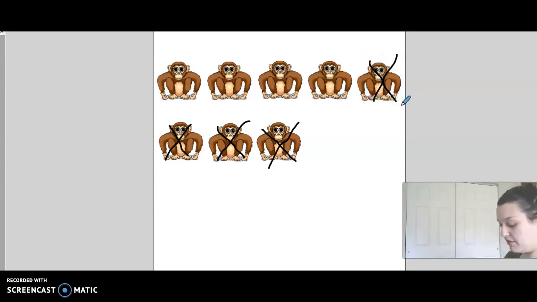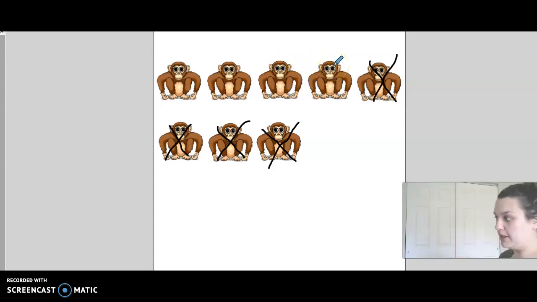Can you show me on your fingers or write down on a piece of paper how many monkeys we have left now? If you had 5 and you subtract 1, how many do we have here? 1, 2, 3, 4. Now let's make sure my fingers match my picture. I love to check my work. 1, 2, 3, 4.